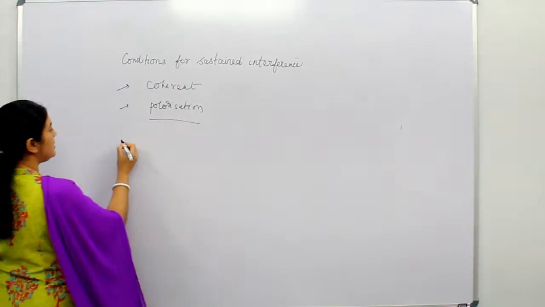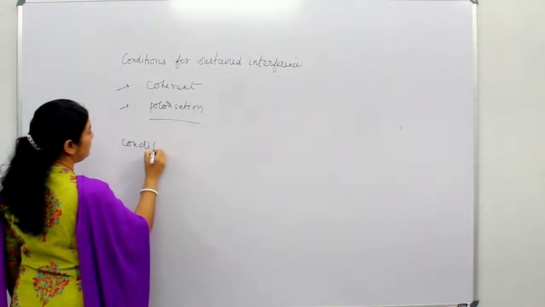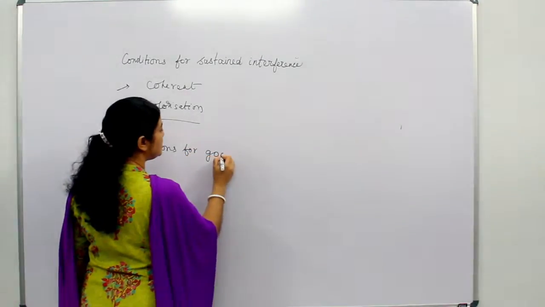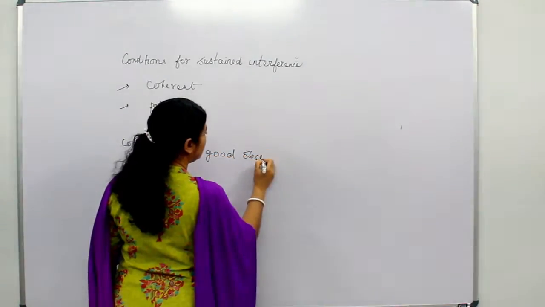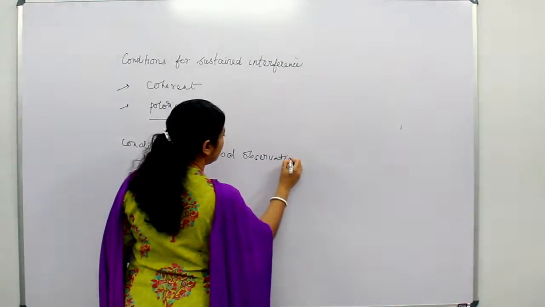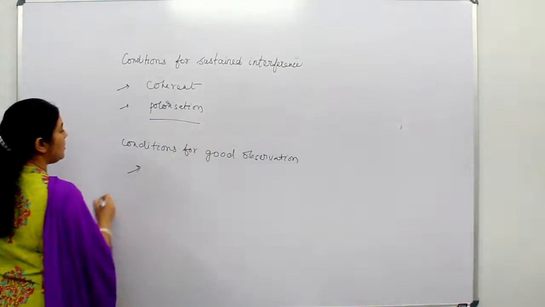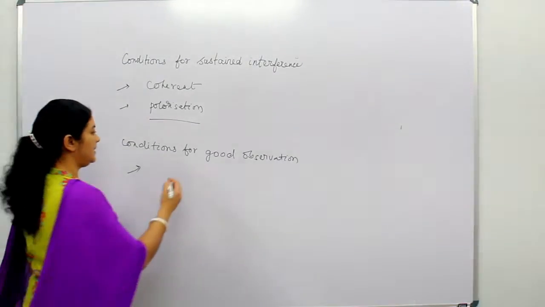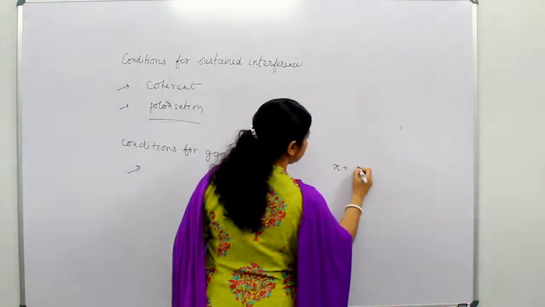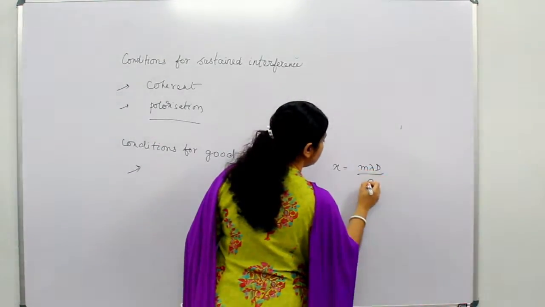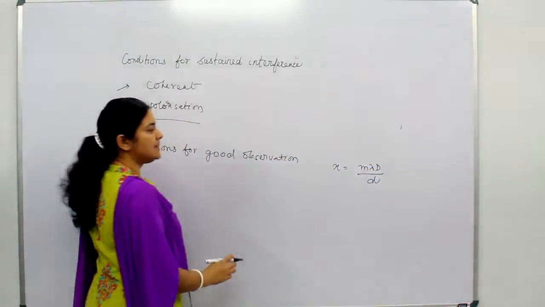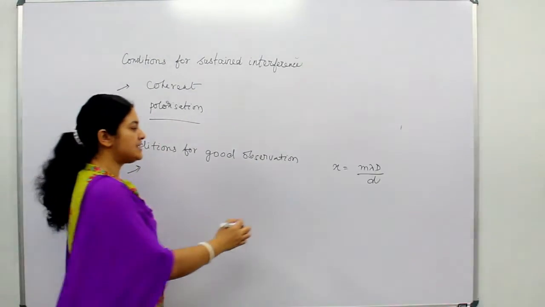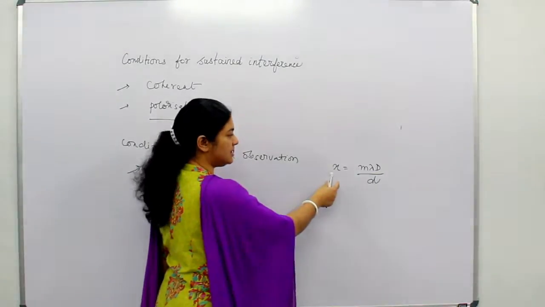Now, conditions for good observation. For observing the fringes properly, we know x is equal to m lambda capital D by small d. To observe each fringe properly, this x must be greater.